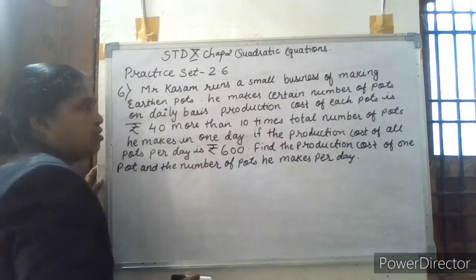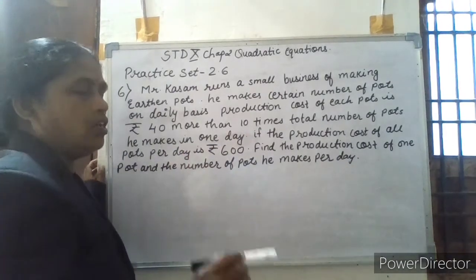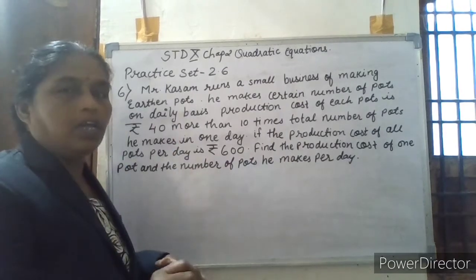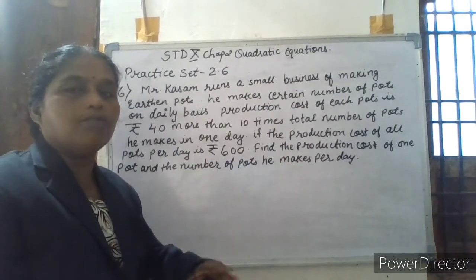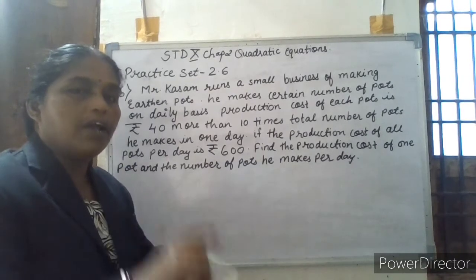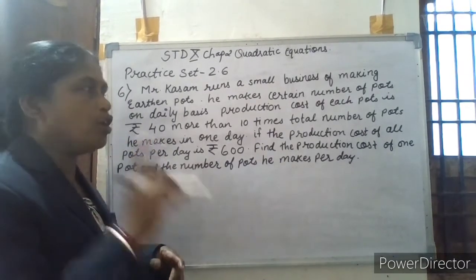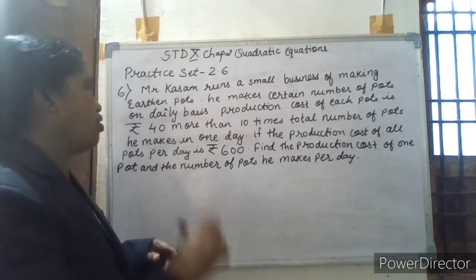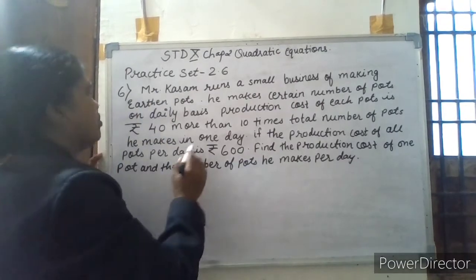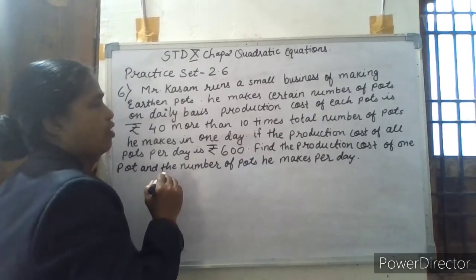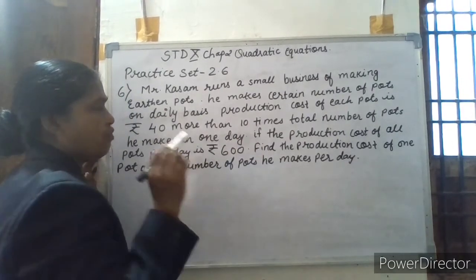Suppose that he makes 50 pots in one day. Its 10 times will give you 500. 500 plus 40, that will be the production cost of one pot. So this is the condition given for the production cost of the pot.